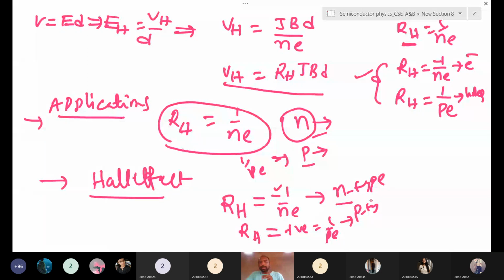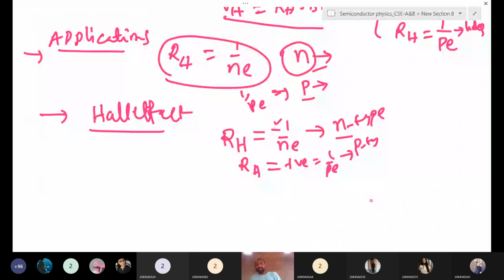Also you can estimate the mobility. We will discuss this later. Mobility means how fast electrons or holes are moving in a semiconductor, how easily they move from one place to another. Mobile means flexible, moving freely.